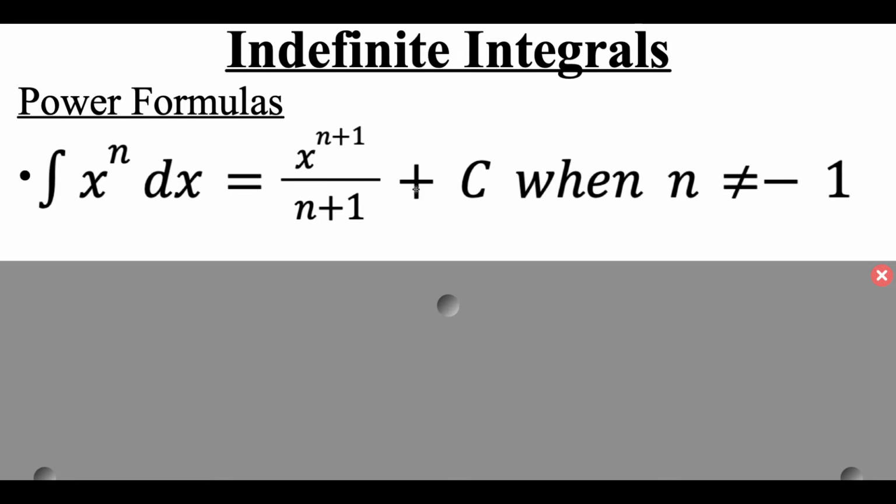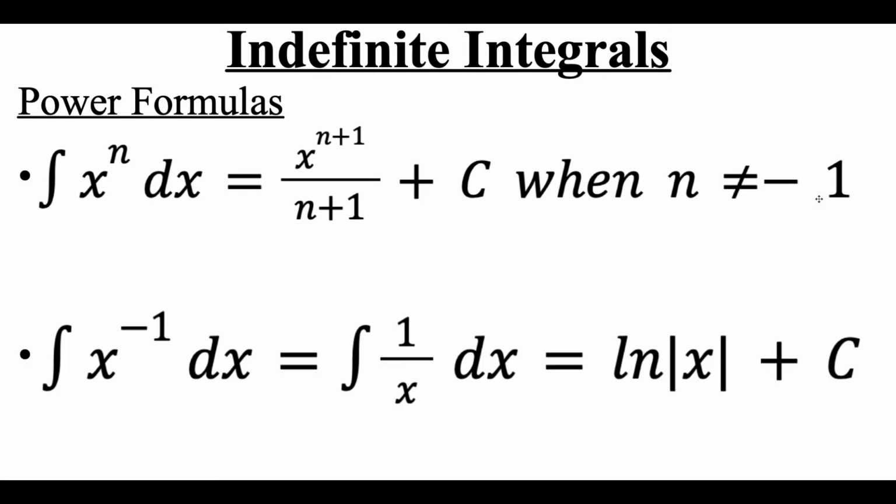And then we have to add that plus c on the end anytime we're doing an indefinite integral. Now, this rule only works when your n value is not -1, because if your n value was -1, then you'd get 0 on the bottom of this fraction, and you're never allowed to have 0 on the bottom of a fraction. So this is like our anti-power rule if we think about doing the opposite of a derivative.